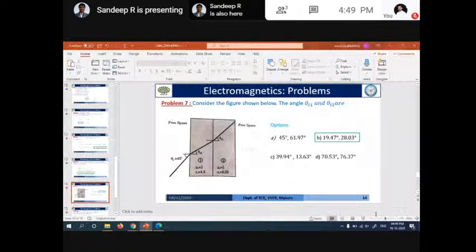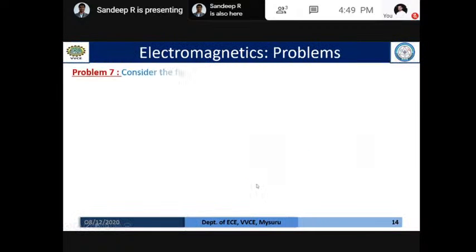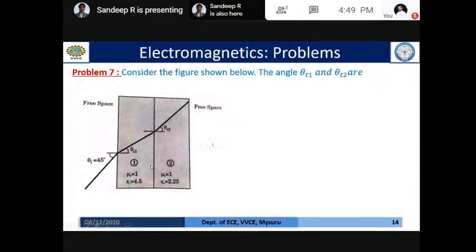So in the figure you can observe the incident angle is given as 45 degrees. In this region, the value of epsilon R is 4.5. For free space, you can take the value of epsilon R as 1.